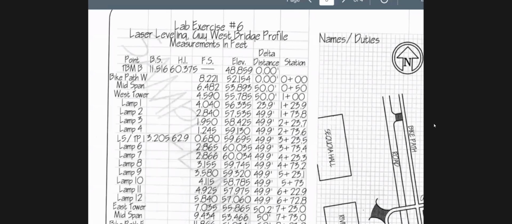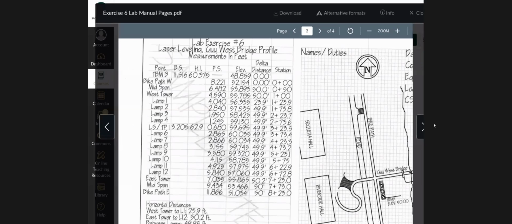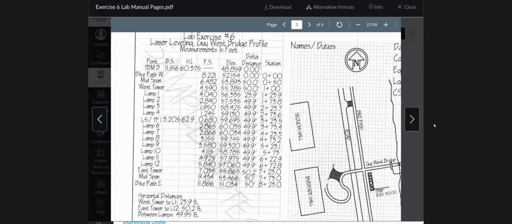Let's go over to the data that you're going to be entering in on your lab book / blank lab note sheet. Okay. Over on the first column is point, TBMW. They call it TBMB this week. That's fine. We'll call it TBMB this week.